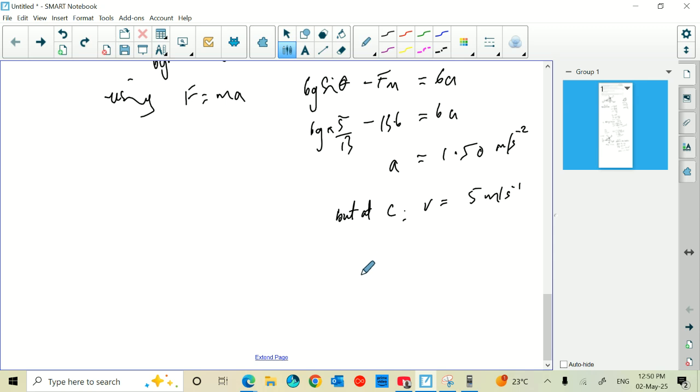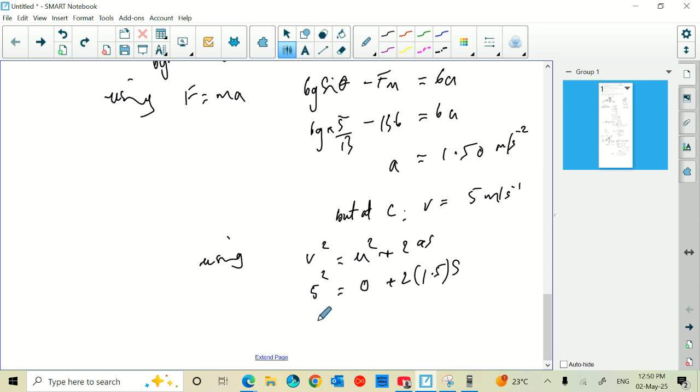I'm going to use again the SUVAT equation, v squared equals u squared plus 2as. The final velocity, which is 5 squared, is equal to the initial velocity, because it was at rest, 0, plus 2 times approximately 1.5 s.